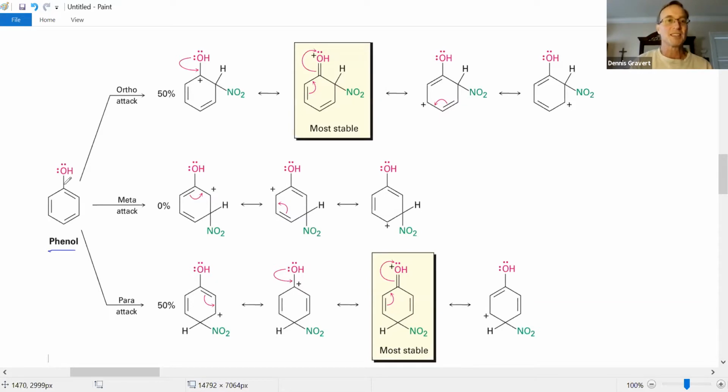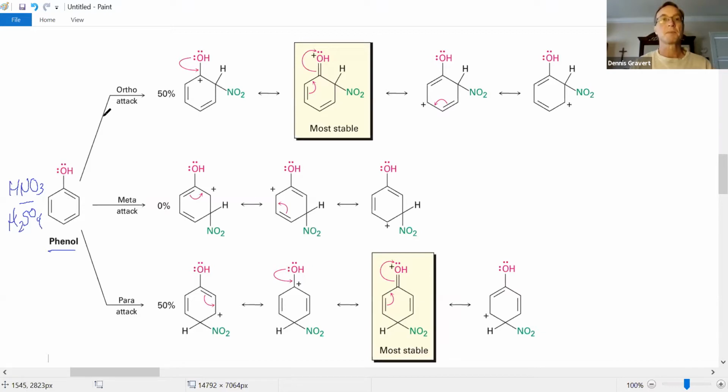We're saying, hey, to phenol, let's add some nitric acid and some sulfuric acid and put a nitro group onto phenol. Okay, so in a situation where everything's random and the nitro group might go anywhere, what would the resonance structures look like?